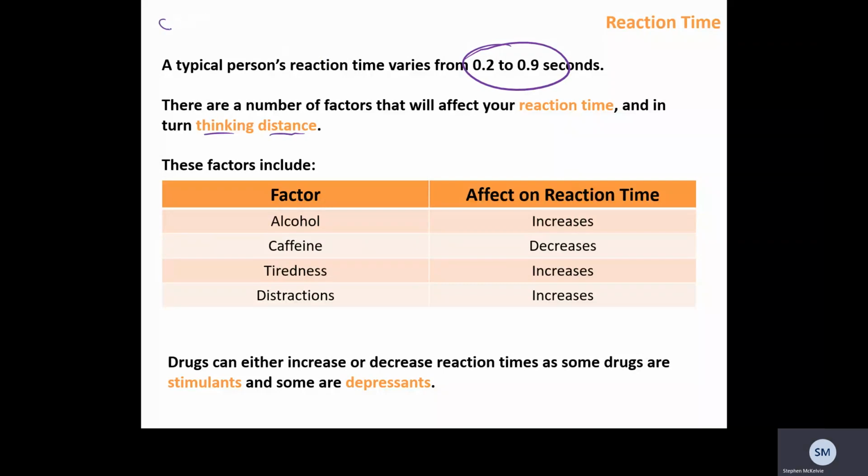Let us say that you were traveling in an automobile and you spot a hazard there. Your car is going to keep on traveling for a little while before it can come to a complete stop.